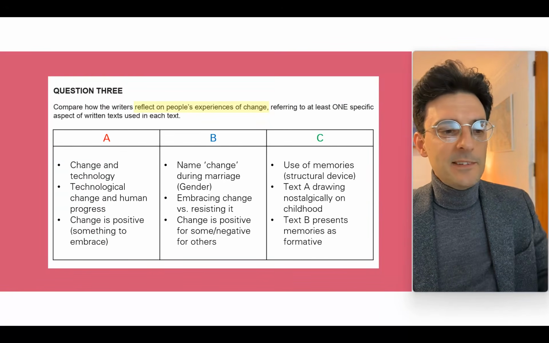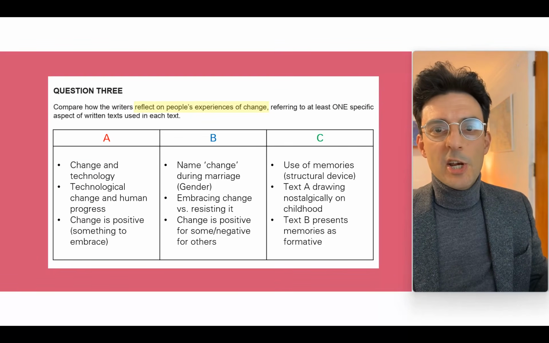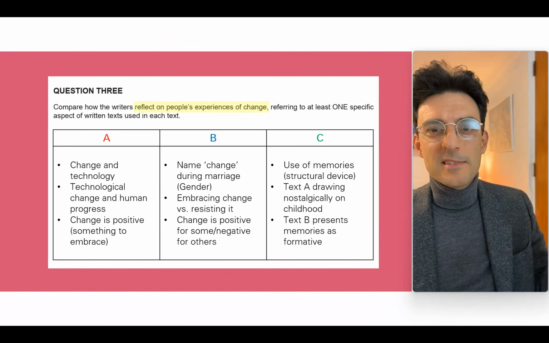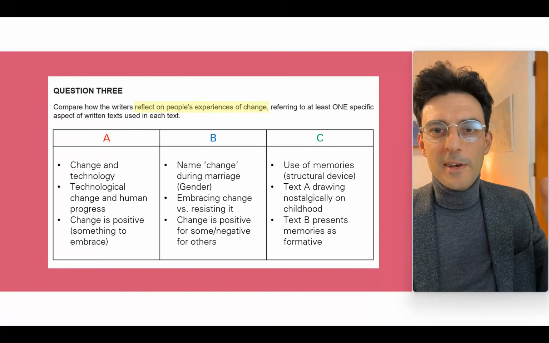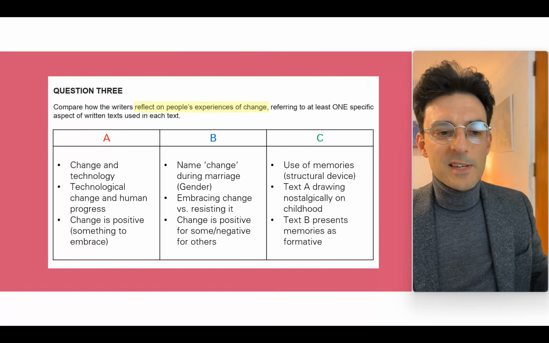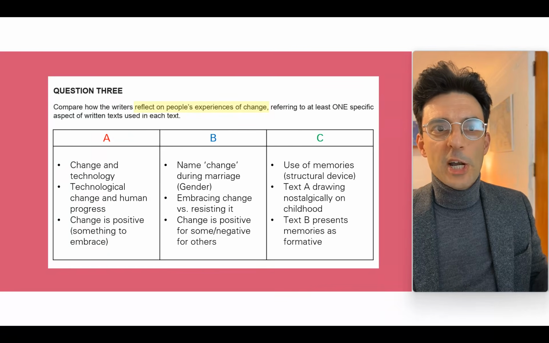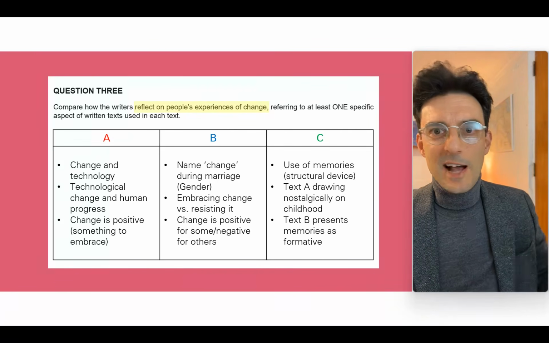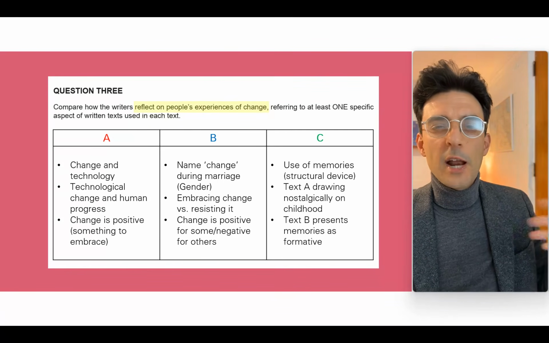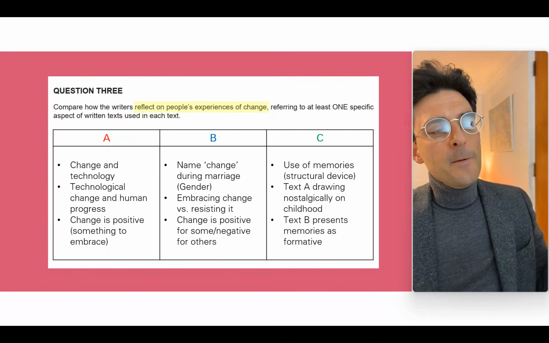And in column B, I might have just written name change, marriage, change, plus, minus to represent that it's positive and negative. And then in column C, I might have just written memory, looking back, nostalgia, a few words that will kind of trigger my discussion.